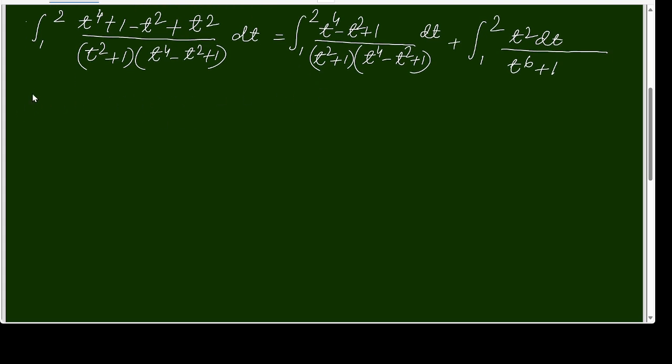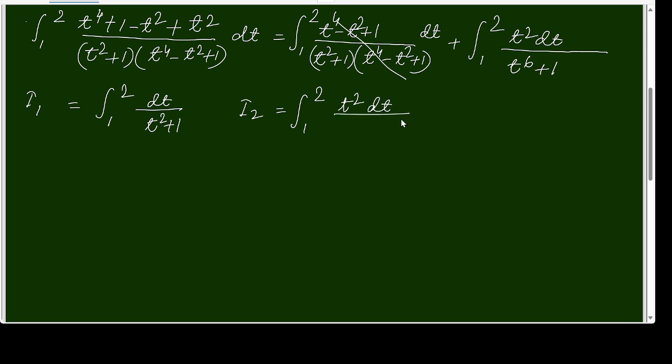Now you will see in integral 1, these two are cancelled. Integral 1 is becoming only dt by t^2 + 1. In integral 2, these two will be cancelled, and integral 2 equals the integral from 1 to 2 of t^2 dt over t^6 + 1.